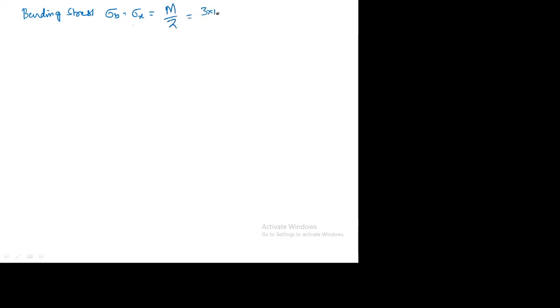M is given, it is 3 kilonewton meter. Now z is what? z equal to pi by 32 into d cube, that is pi by 32 into 80 cube. Now let us find out the bending stress.